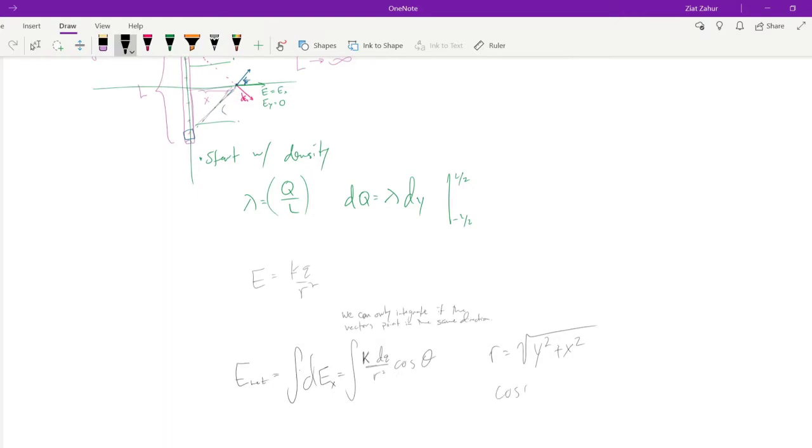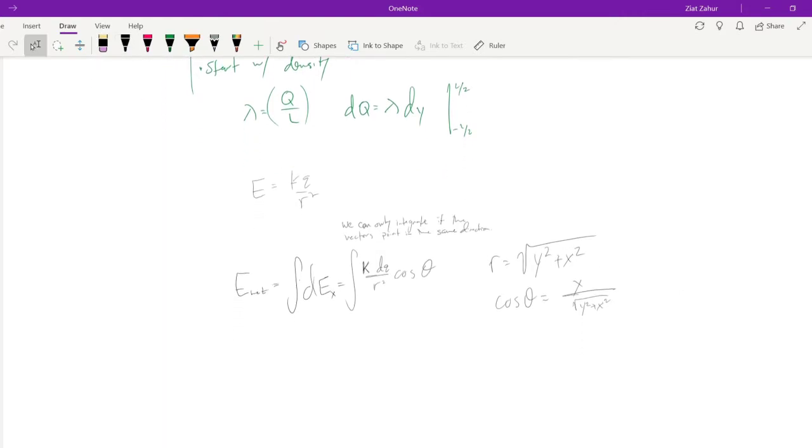So we can rewrite the cosine function as well. Adjacent is x, and then the hypotenuse is r. And then you replace and all that stuff.